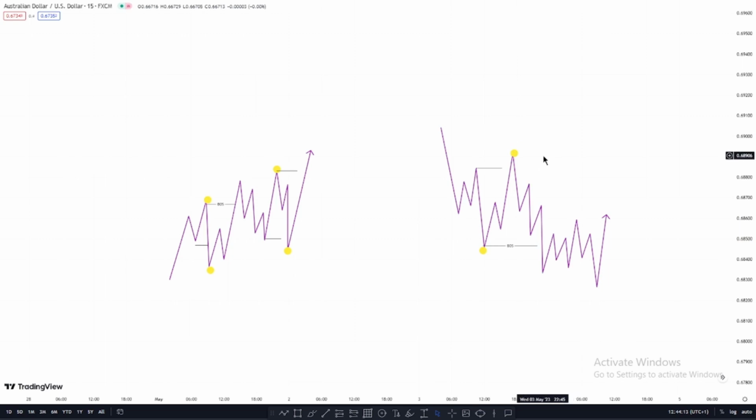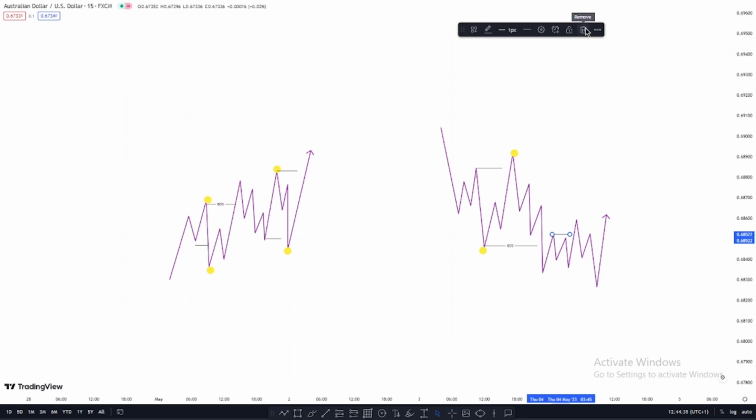Now, is this a valid low from what we have been discussing? Certainly not. Do not make the mistake of marking here that it has taken out the first internal structure high. No, this is wrong. It has not taken it out.